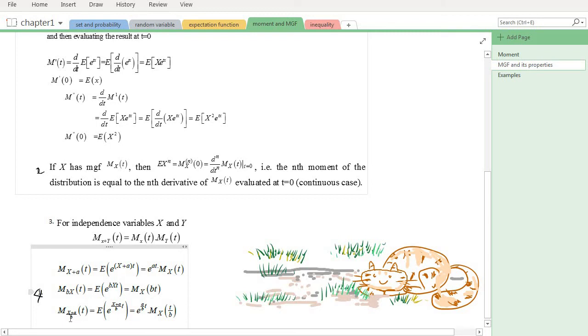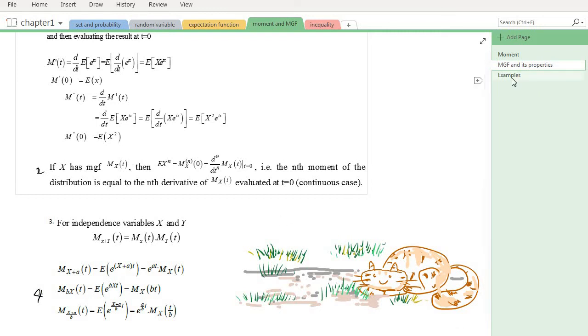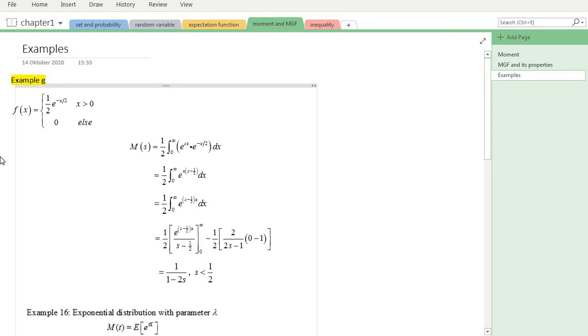And for this term, it will give us e to the power of this term multiplied with the moment generating function of x at t over b. So maybe we can move to the example to see, or further questions.